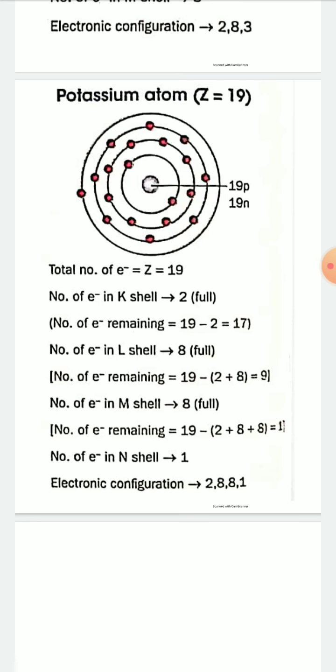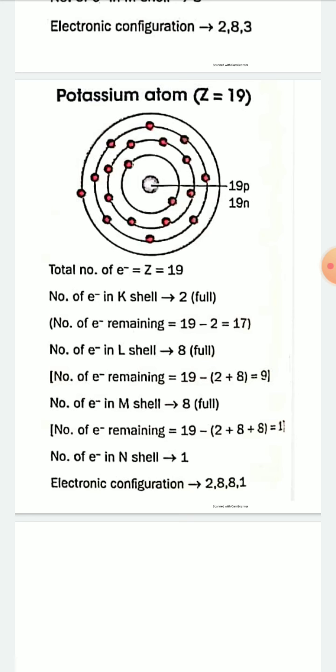Now the remaining electrons are 19 minus 10, that is 9. Now you have to arrange these 9 electrons in the next energy level.